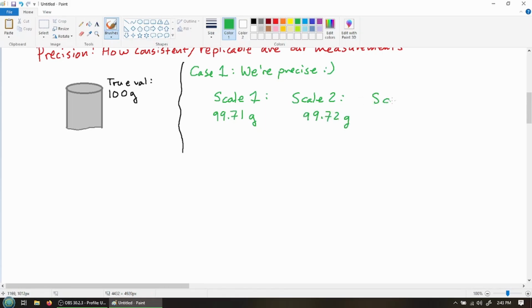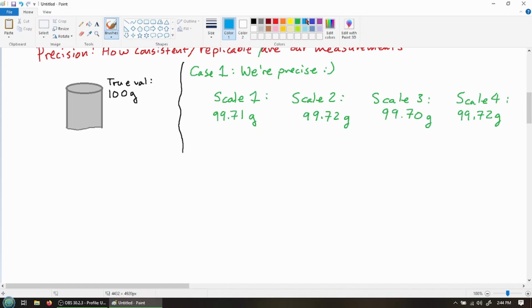Scale 3 shows a mass of 99.70, right? And maybe we do one more. Maybe we see scale 4 is 99.72 again. So these are 4 different devices, and they all show very similar measurements here.